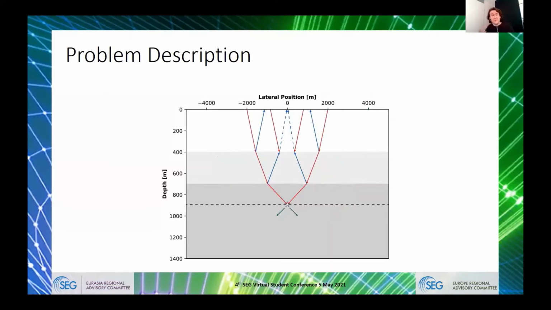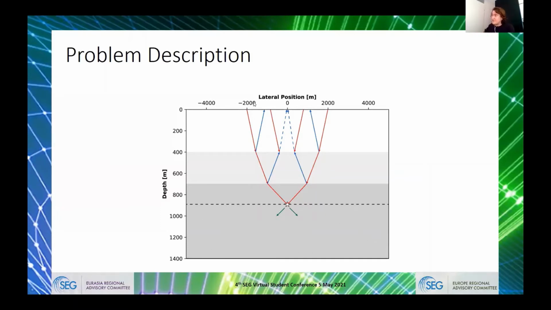That all sounds very complicated when I'm saying it out loud, but schematically, this is basically how that looks. So basically what you see is we have the same medium, except below this 900 meters of depth, we no longer have any other structures or reflectors anymore. So it's homogeneous here, as you can see.